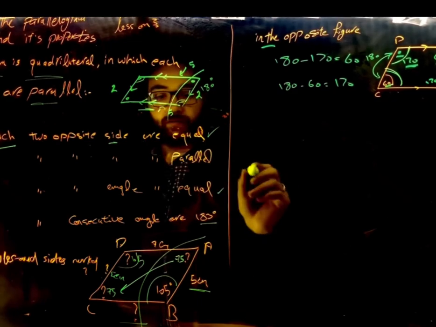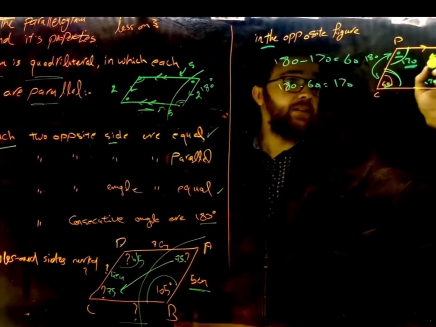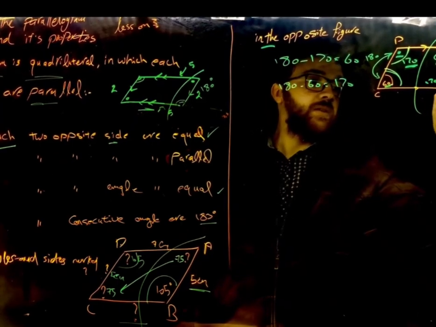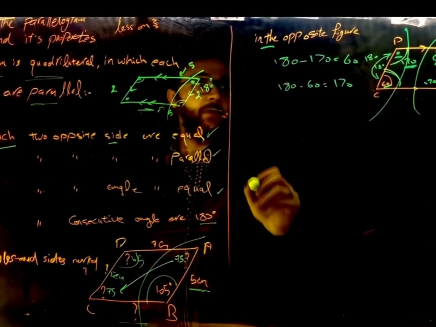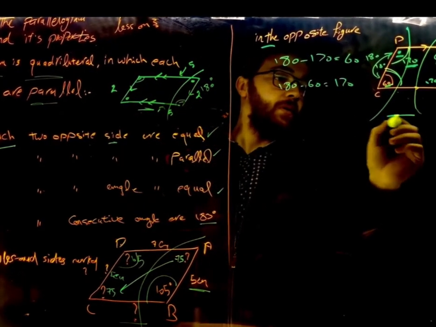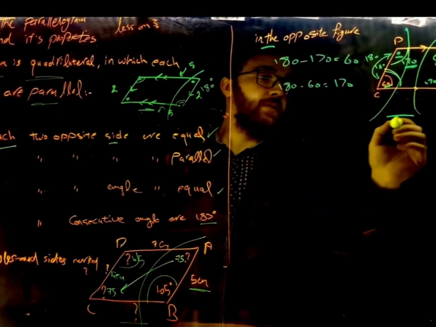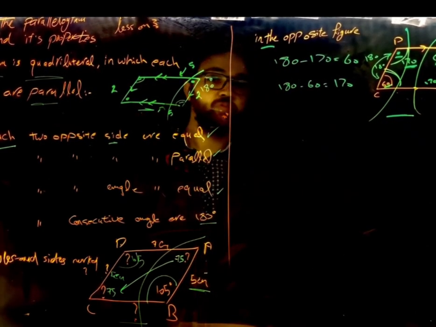Angle check. Every two consecutive angles sum to 180. Check. You have four properties checked, then this shape we can call a parallelogram. Thank you.